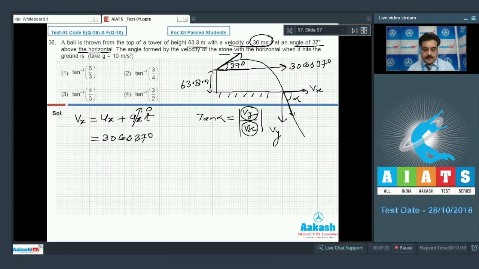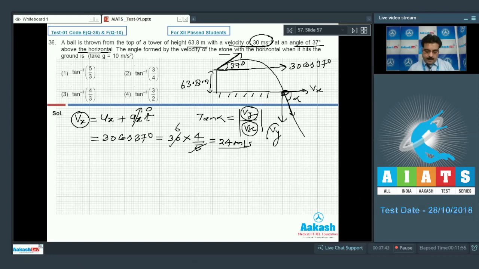There is no horizontal acceleration, so I have only 30 into the value of cos 37, which is 4 upon 5, so we have 24 meters per second, and this is the value of Vx at the hitting point, where it is hitting.